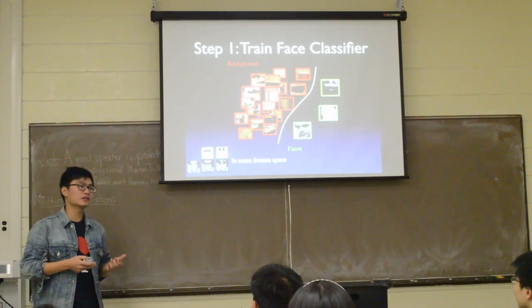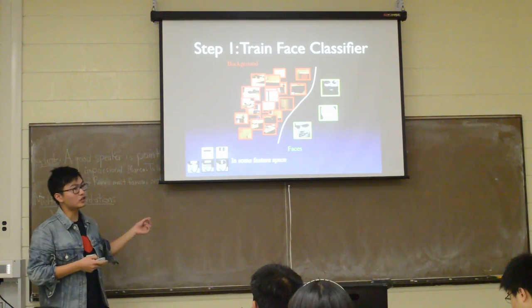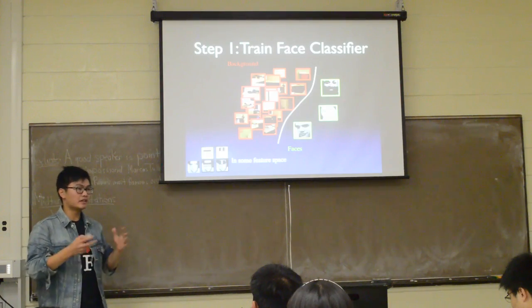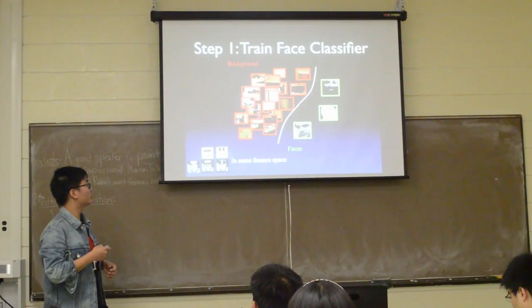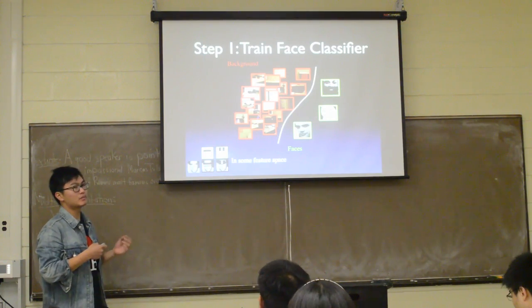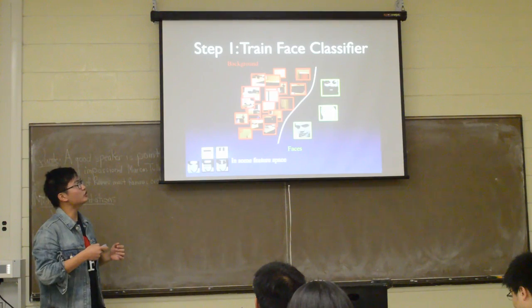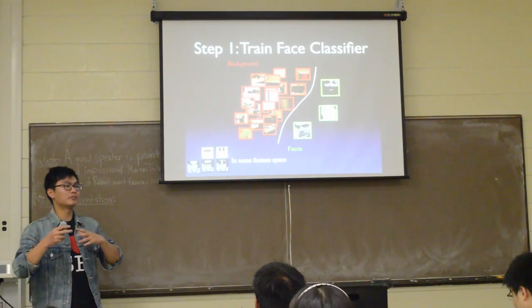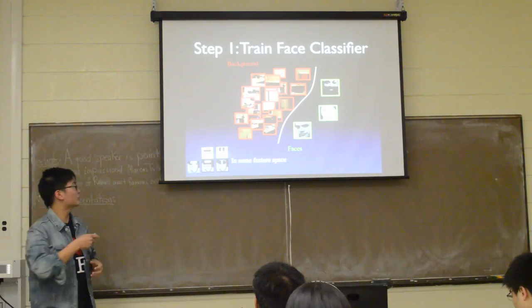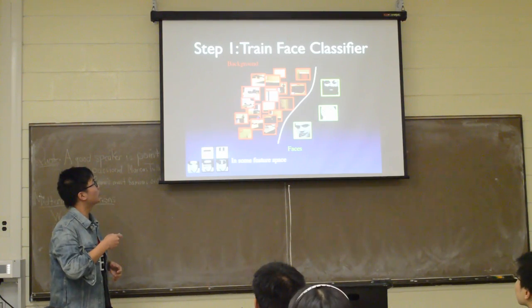So that's one way to design the feature for the image. But sometimes, because of illumination change and many other difficult problems, we also use some features to describe the face. Basically, you represent each image as some feature. For example, here are two types of feature.